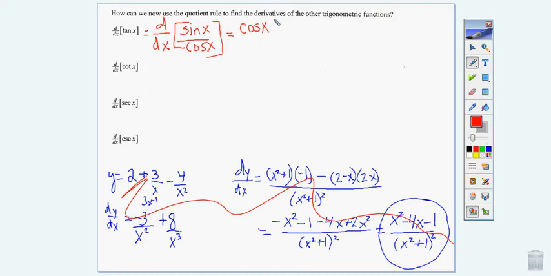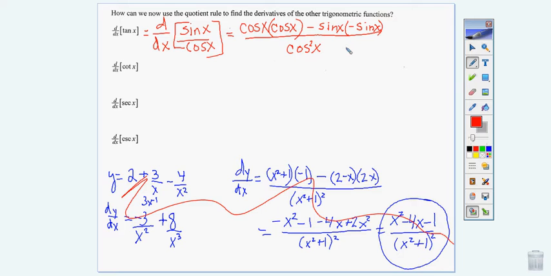But again, we've got low times the derivative of sine of x, so that's just cosine of x, minus high, which would be sine of x, times the derivative of the denominator, which is the opposite of sine x, all over denominator squared, so cosine x squared.